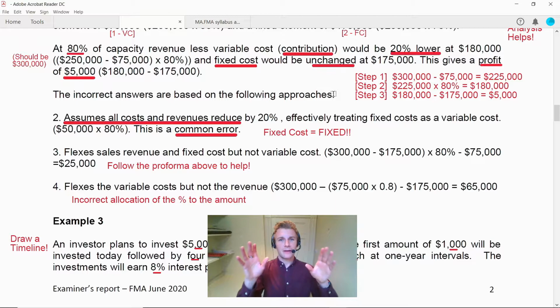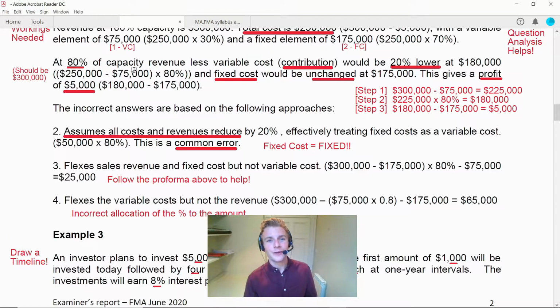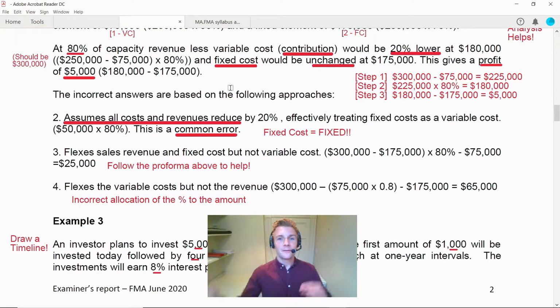Now, that paragraph on there, unfortunately, has a slight mistake because it should be $300,000. That was the actual revenue up here, minus the 75,000 for the actual variable. But focus on my notes on the side there, the step by step, nice and easy. We've worked out that from the revenue minus our variable costs, that gives us $225,000.